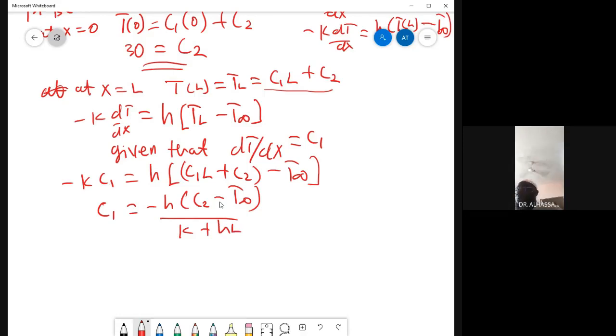If you substitute the value for H into the equation, you know C2 also equals to 30 degrees Celsius, you know T infinity, then you will get a situation like this. So this gives us 40 into bracket 0 minus 30, all divided by 2 plus 40 times 0.2.